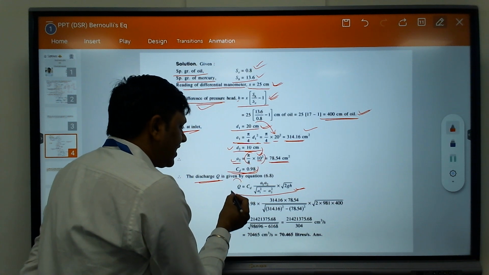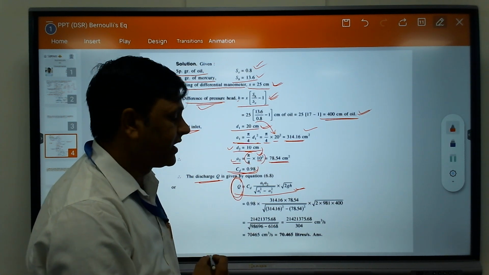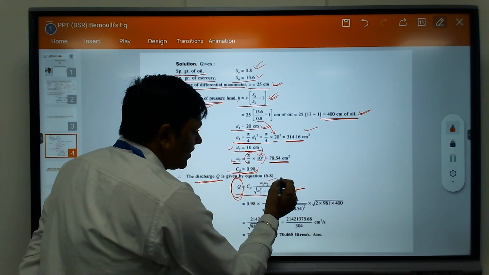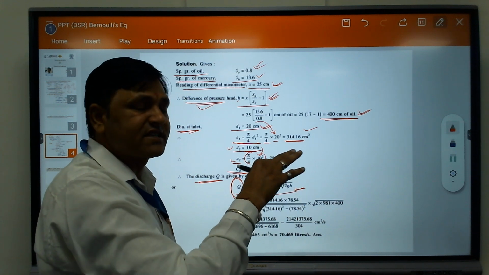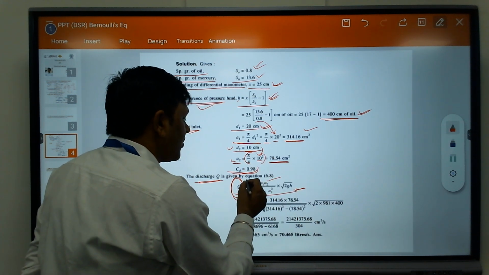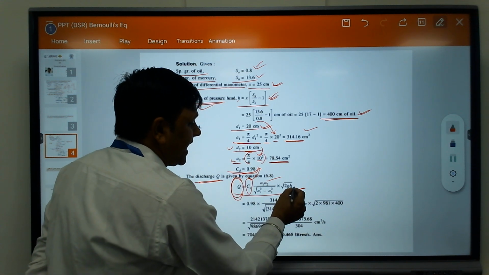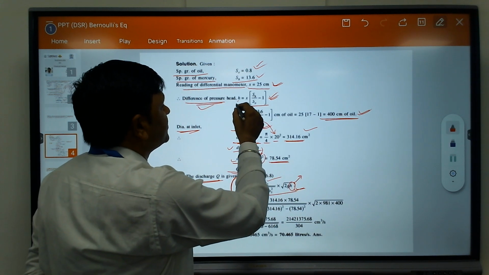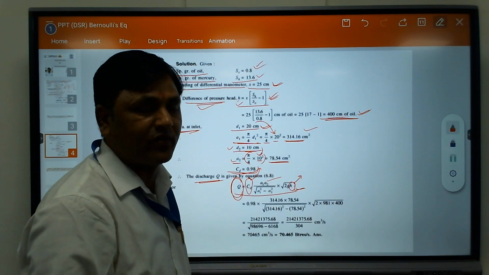In order to calculate the rate of discharge of any fluid, we have the areas of both sections, section 1 and section 2, the coefficient of discharge, which is known to be 0.98, and the value of H, which we have already calculated using this formula, 400 centimeter of oil.